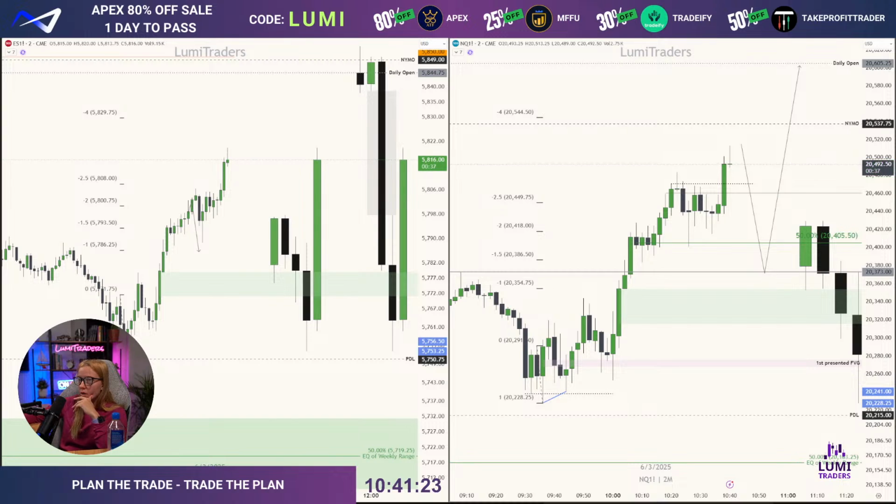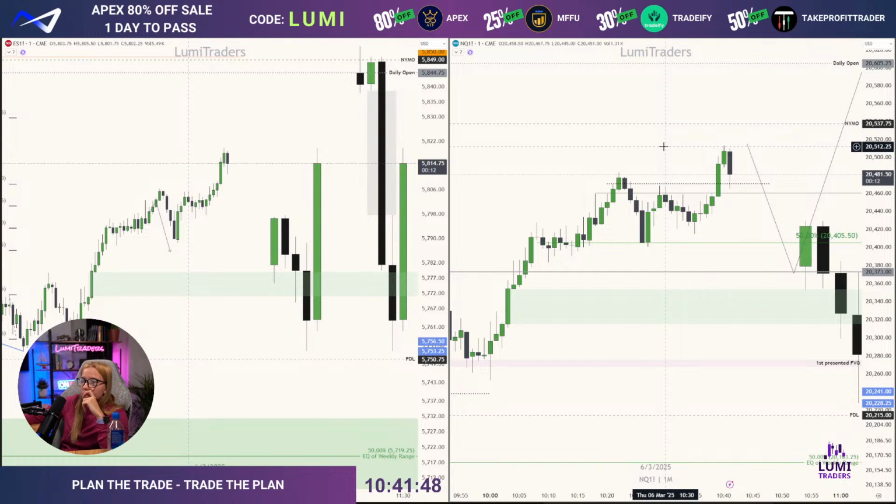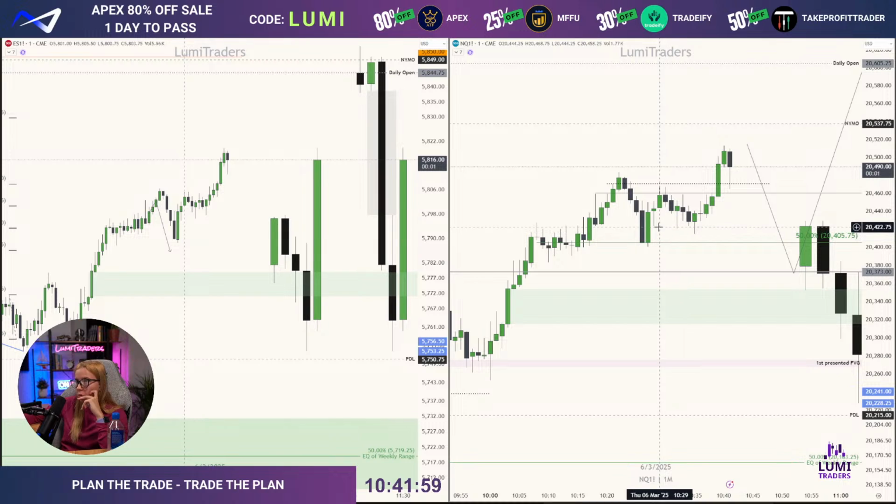Overall, my target is still higher for today. But right here, it was solid reaction and reversal from 50% of this consolidation, almost to the tick.